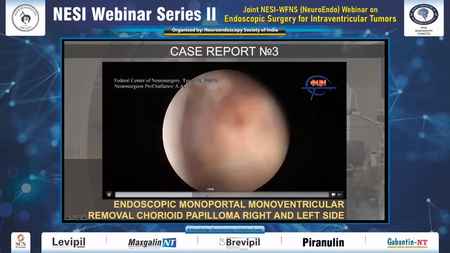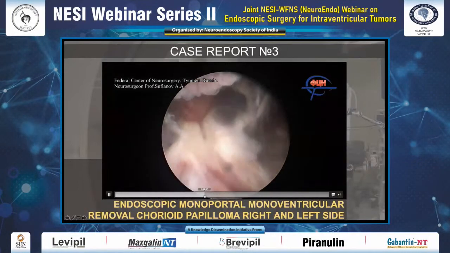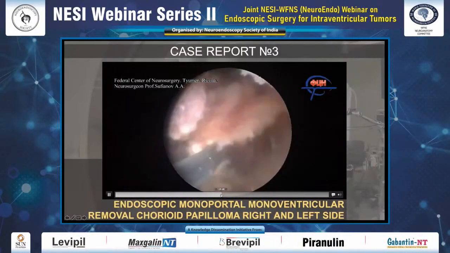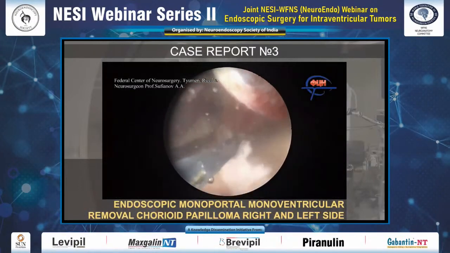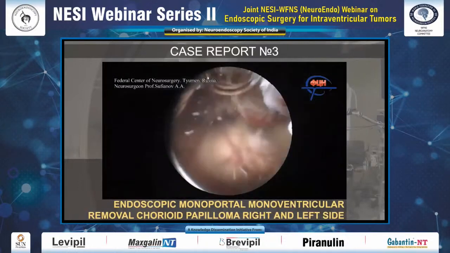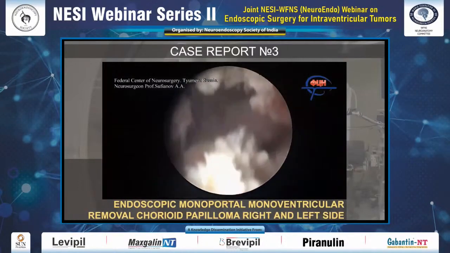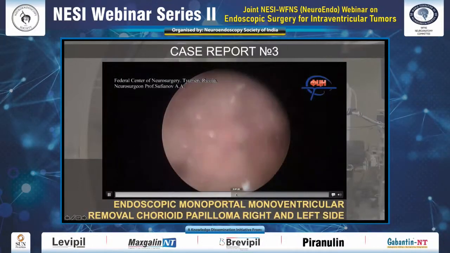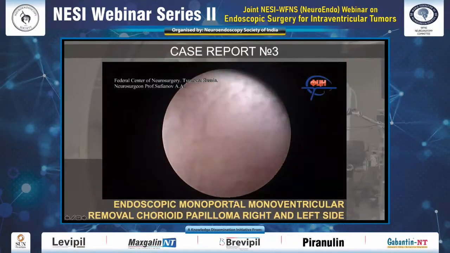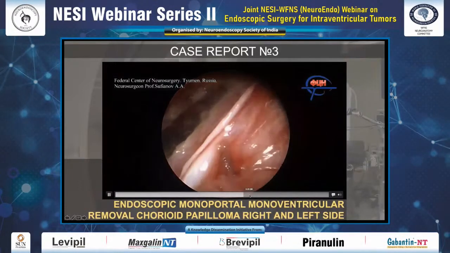So I moved to the other hemisphere, the other ventricle. Also the same procedure, one port. Also dissect the vascular peduncle, and also very precise work: coagulation, cutting, coagulation, cutting.